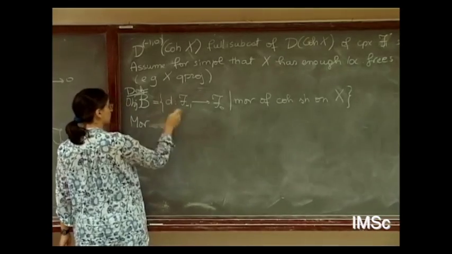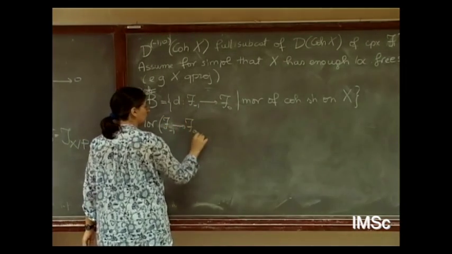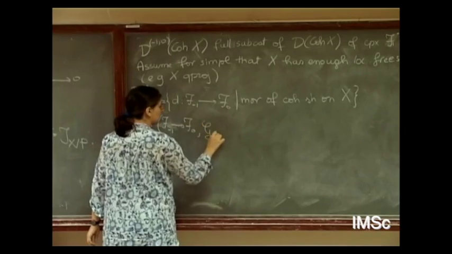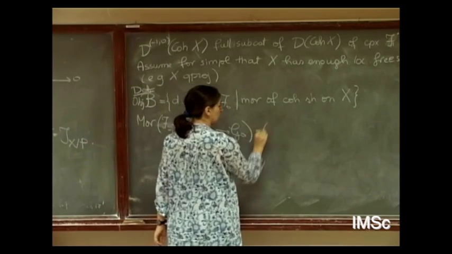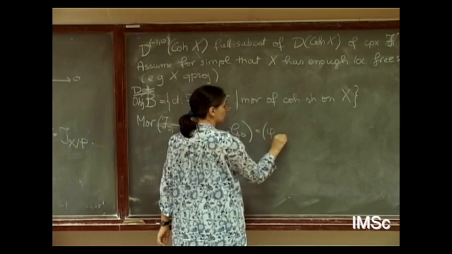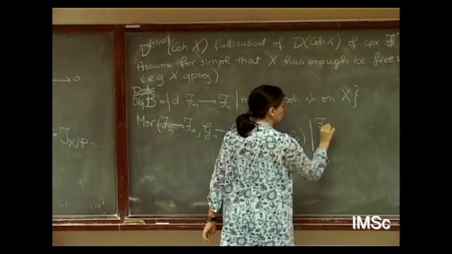A morphism from (F^-1, F^0) to (G^-1, G^0) is a pair such that the obvious diagram commutes.